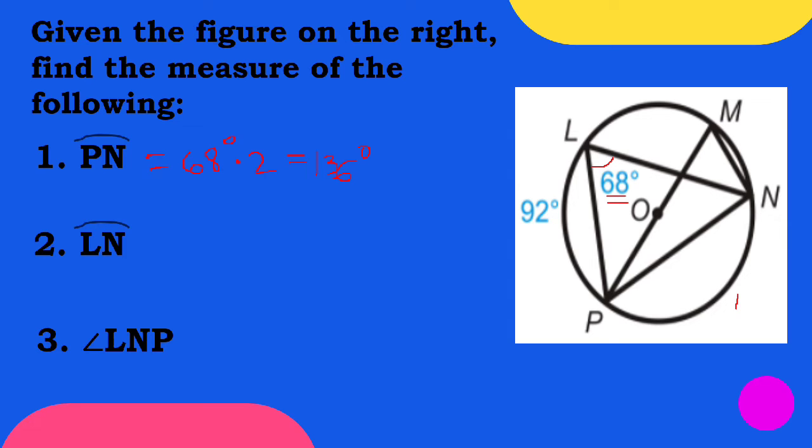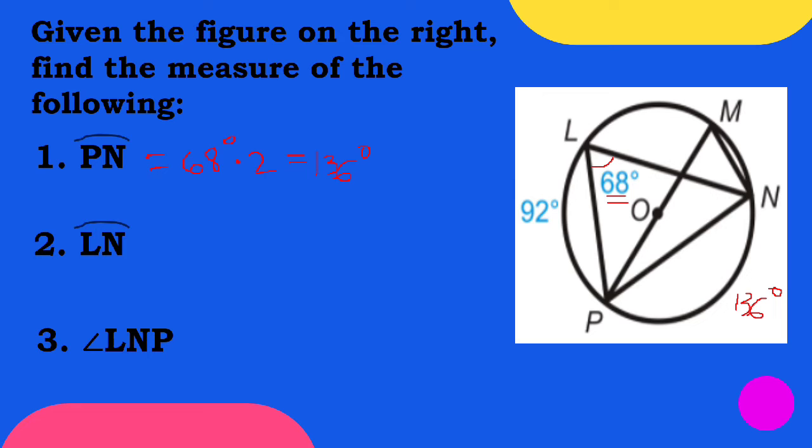Number 2, let's get the measure of arc LN. The degree measure of a circle is 360 degrees. Remember, we have already measured arc PL and arc PN, and we need to get the measure of arc LN.